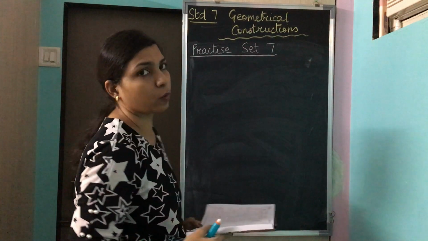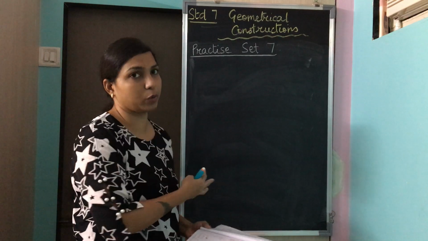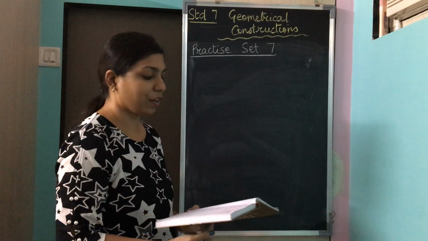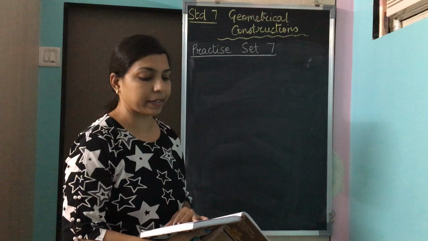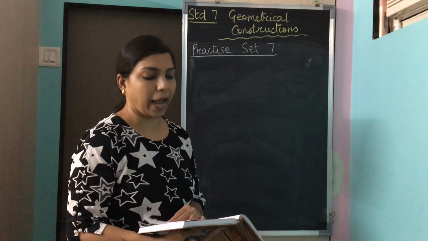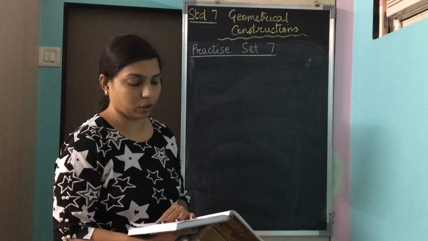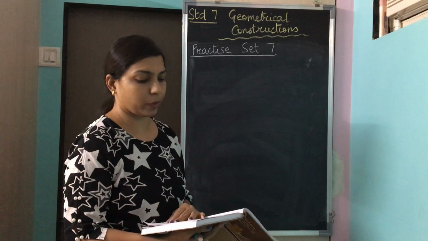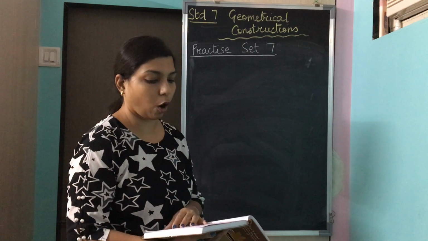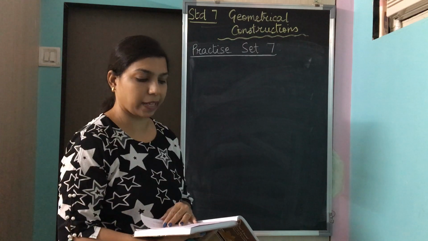I'm not going to write the question on the board because it occupies too much space and my board is a little small. So I'm going to read out the question. Practice set 7. Some angles are given in your textbook. Use the symbol of congruence and write the names of the pair of congruent angles in the figures.